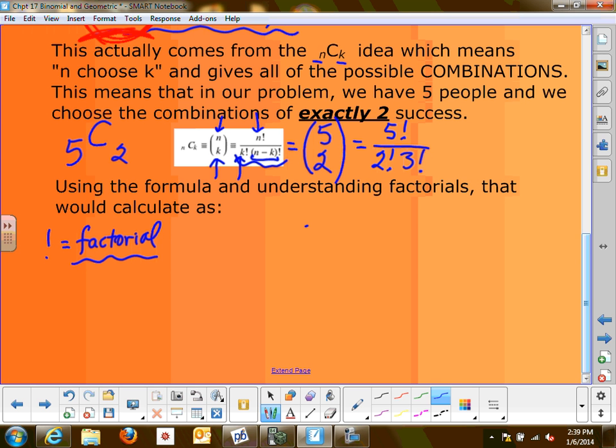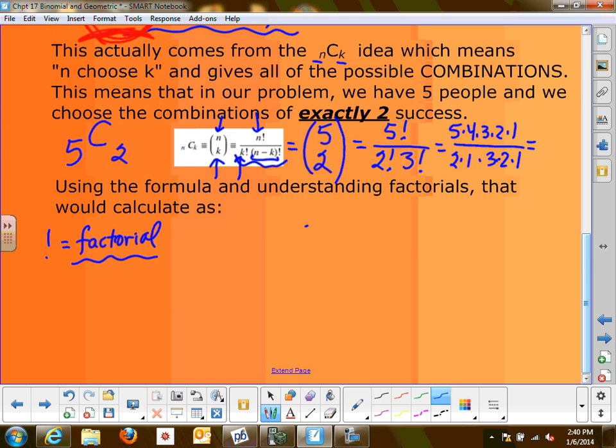So let me teach, anybody know what mathematically that little factorial symbol does? It's real simple. It's just a countdown, and you multiply all those factors. So you go 5 times 4 times 3 times 2 times 1 on top of 2 times 1 times 3 times 2 times 1.